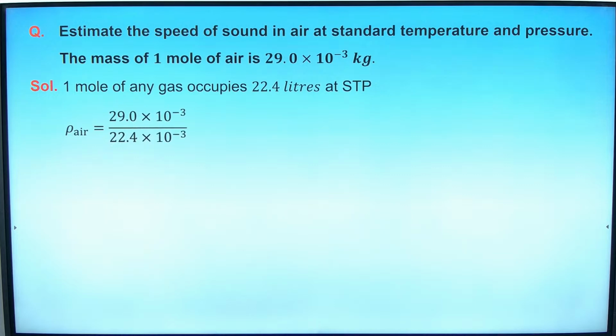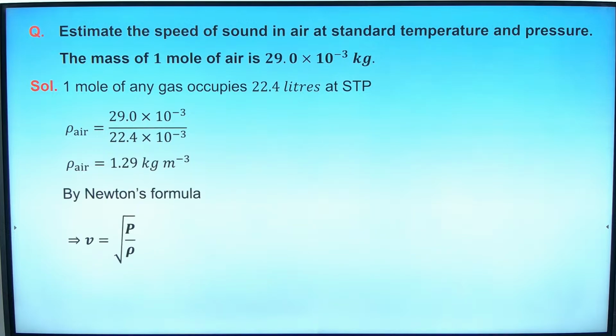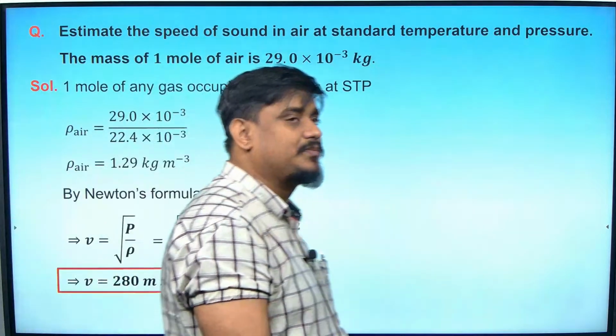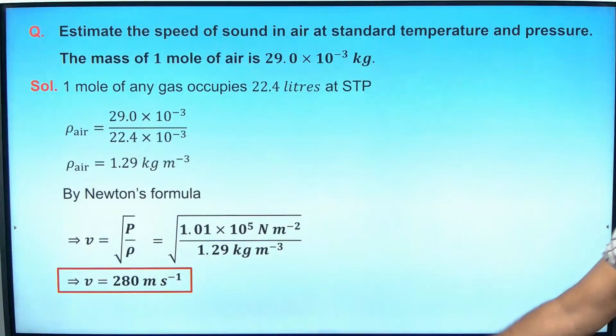So when you solve this, density you will get as 1.29, and then when you use Newton's formula, you will get atmospheric pressure divided by 1.29. When you solve, it will approximately come as around 280 meter per second. I have told the answer itself, you can solve later, I don't want to spend more time on this.